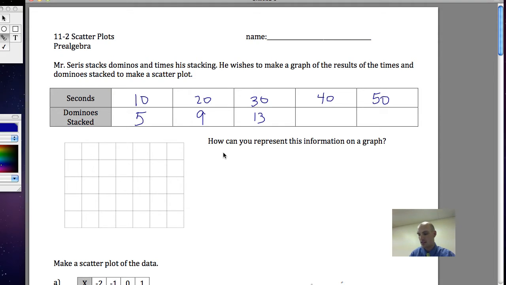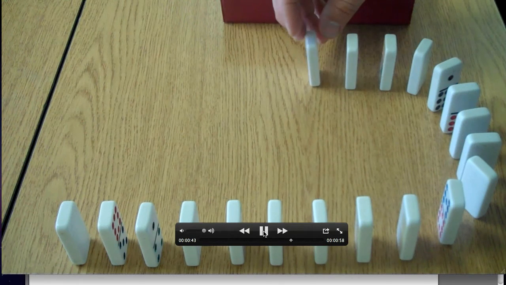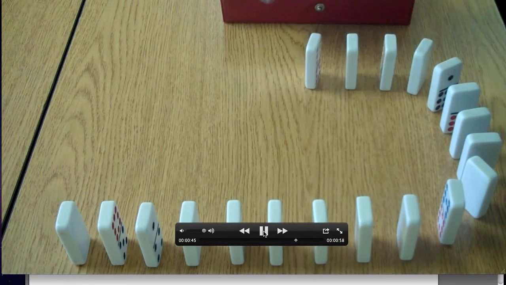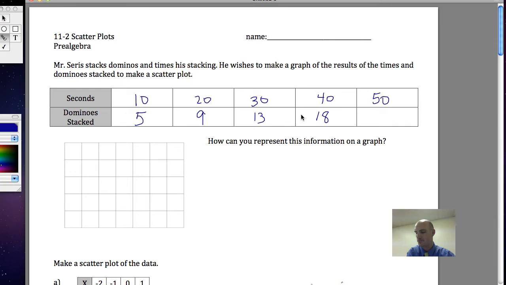After 40 seconds, it seemed like I had this many stacked, 18. Let's watch the last 10 seconds and see how many I had stacked at the end. At the end, I had this many stacked, 22.